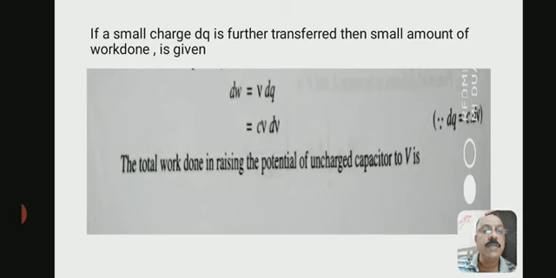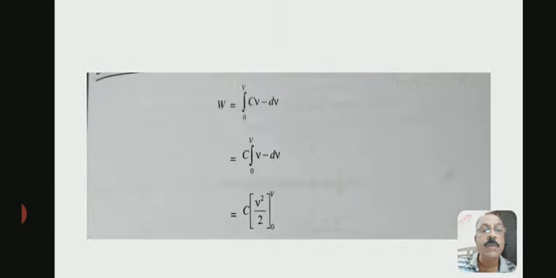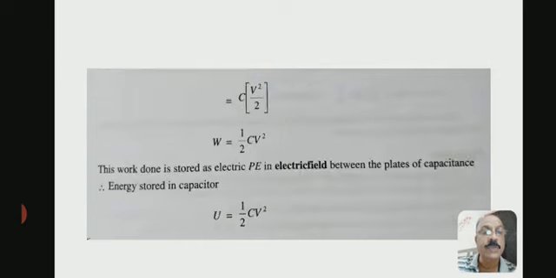Therefore dq equals C dV, so dW equals CV dV. The total work done in raising the potential of the uncharged capacitor to V is W equal to the integral from 0 to V of CV dV. C is taken outside of the integration, leaving the integral of V dV from 0 to V. Integrating, we get C times V square by 2, so W is equal to 1 by 2 CV square.